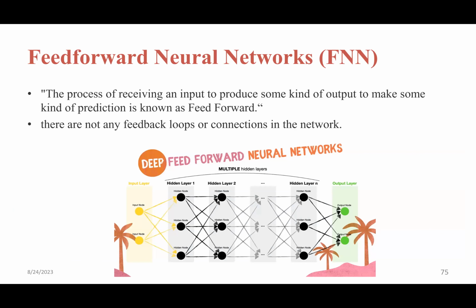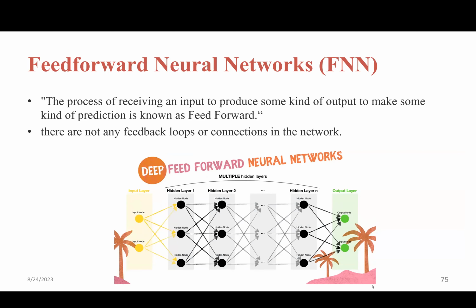Now, the two topics which are left in your first module are feed-forward network and back propagation with gradient descent. So let us discuss the feed-forward neural network, as you can see in this diagram.